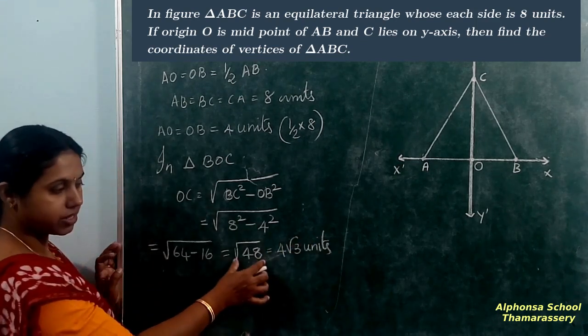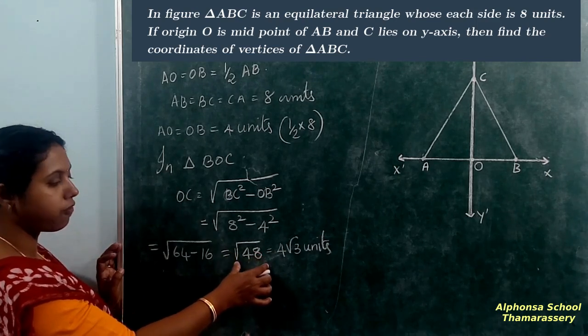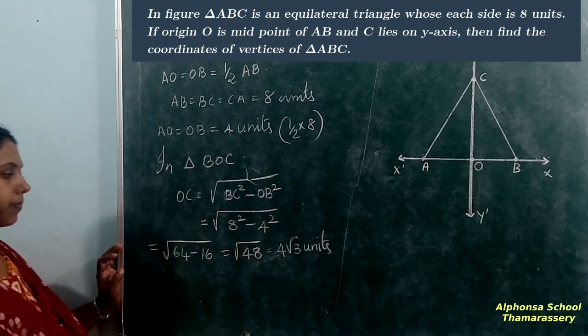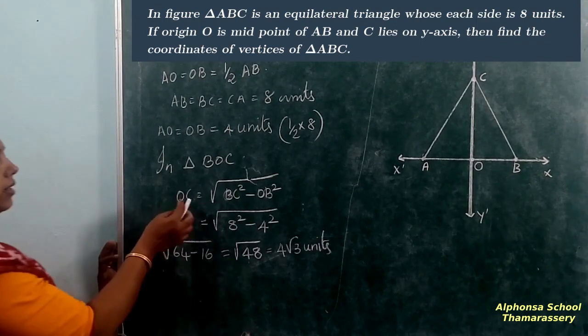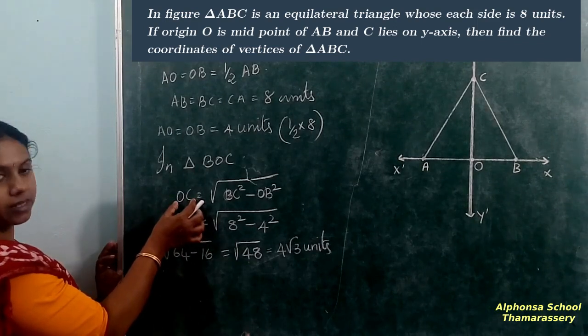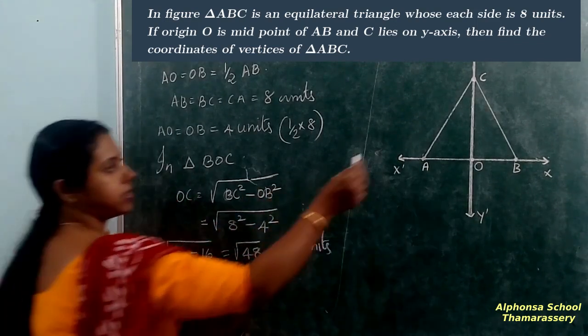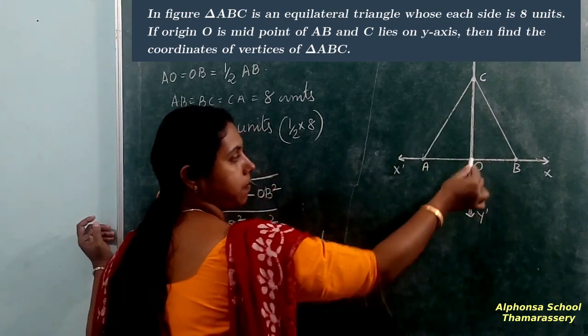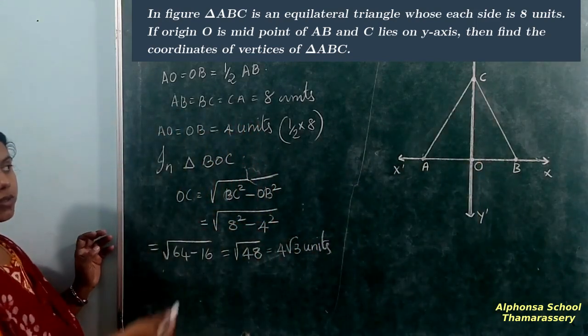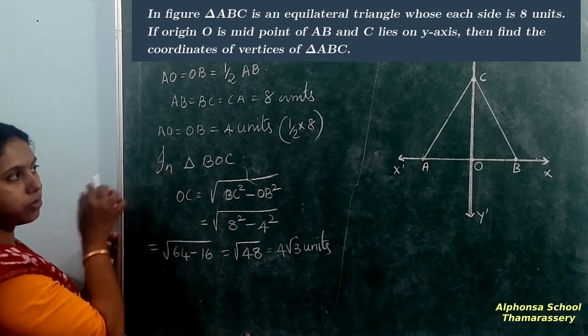Using the prime factorization method, you can find the square root of 48. So we got the length OC, which is equal to 4 root 3.